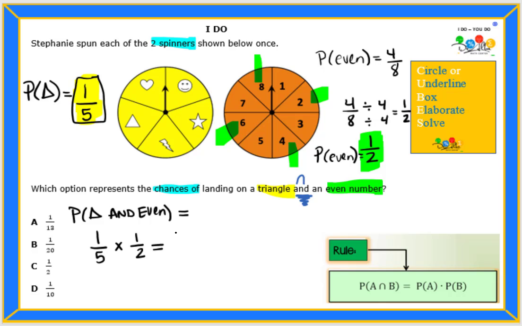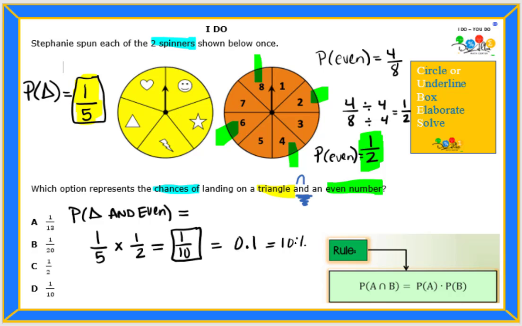So 1 times 1 is 1, and 5 times 2 is 10. So our compound probability, or the probability that both of these events will happen together, is 1 out of 10, which could also be 0.1 as a decimal, or 10%.